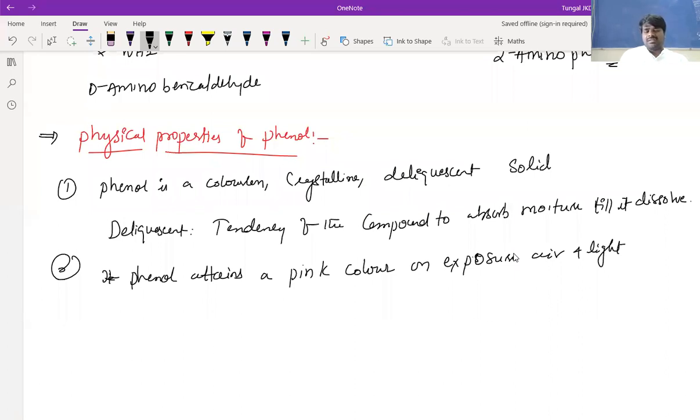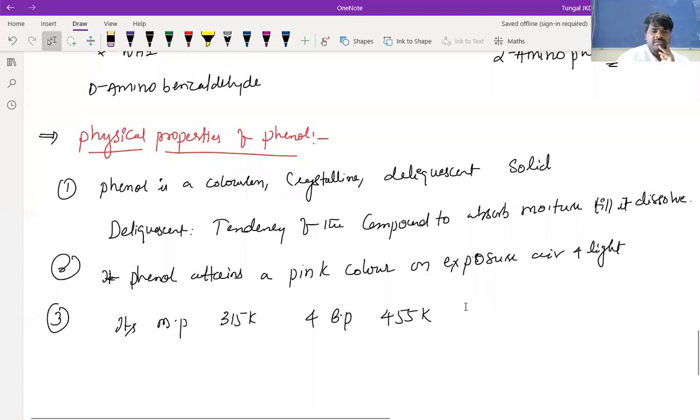Basically it is colorless, but if exposed to sunlight and atmospheric oxygen, because of oxidation it turns pink. Its melting point is 315 Kelvin, and its boiling point is 455 Kelvin.